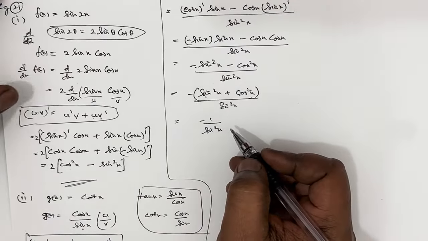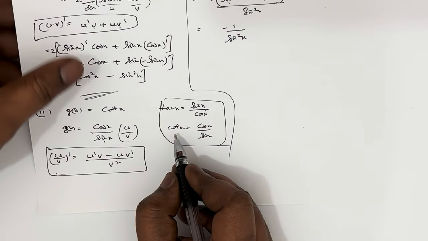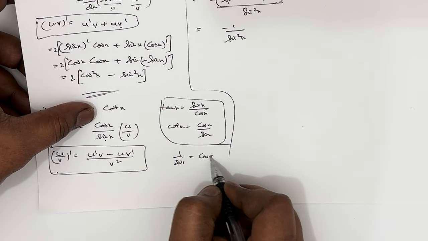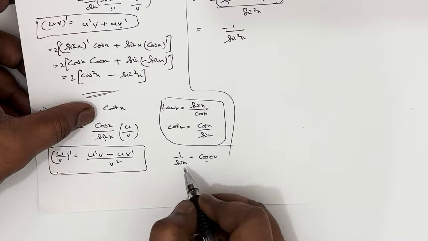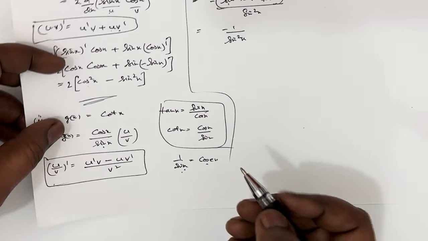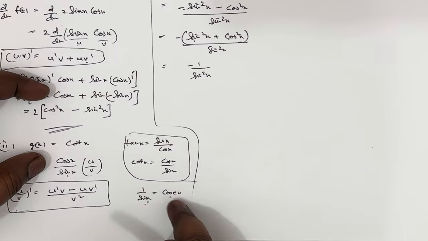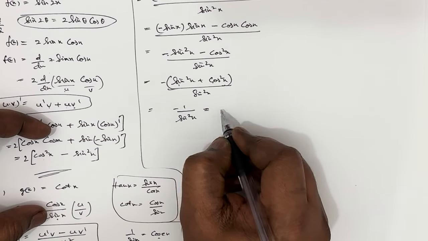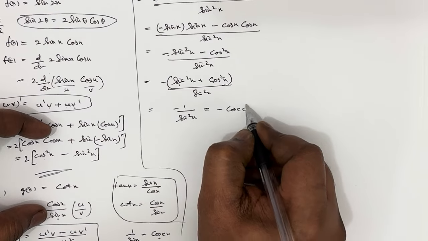Now 1 by sine x is equal to cosecant x. Cosecant is the reciprocal of sine. So 1 by sine square x can be written as minus cosecant square x.